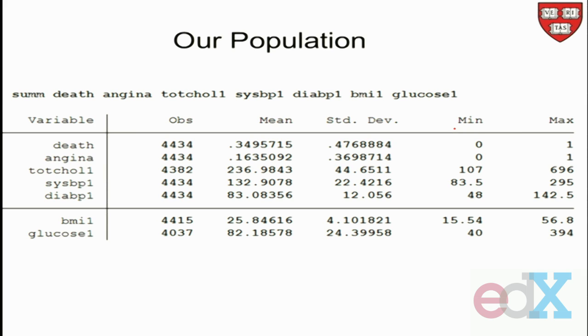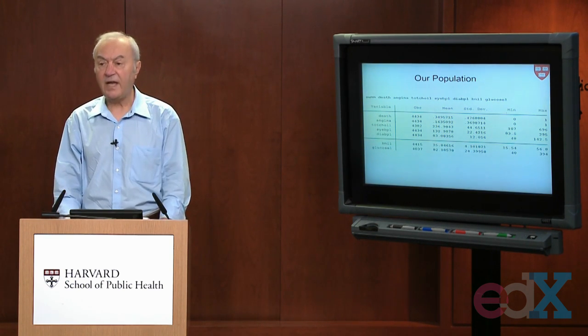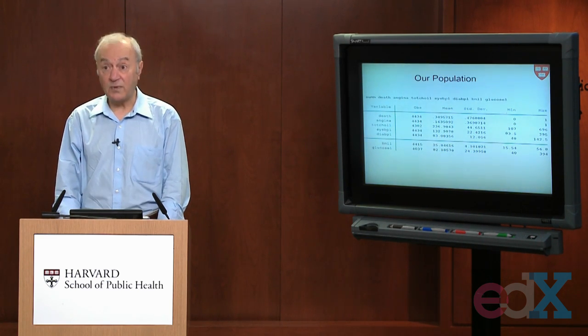And the systolic blood pressure, etc. So here we have these 7 measures. We've got many more, as you know, of course, but here are just the first 7. Okay, so that's our population. We're going to treat them as a population.